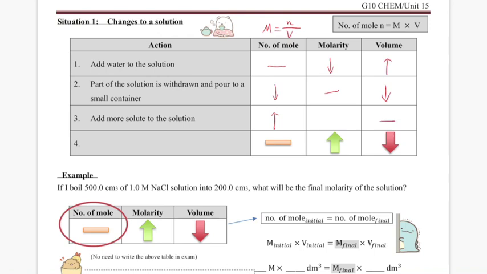In grade 7 you learned that molecules have space in between, and when we dissolve the solute in, it can fit into those spaces. So overall the change to the volume can be ignored. So if we have increased the total number of moles but the volume stayed the same, we should expect our molarity to increase as well.